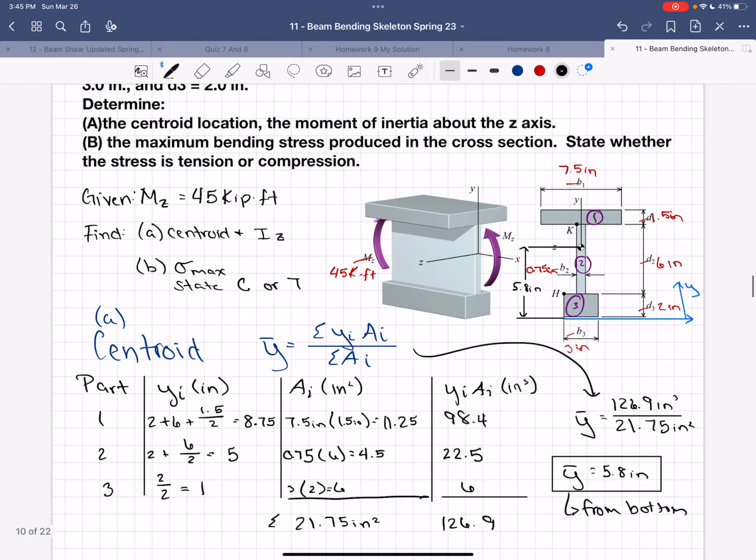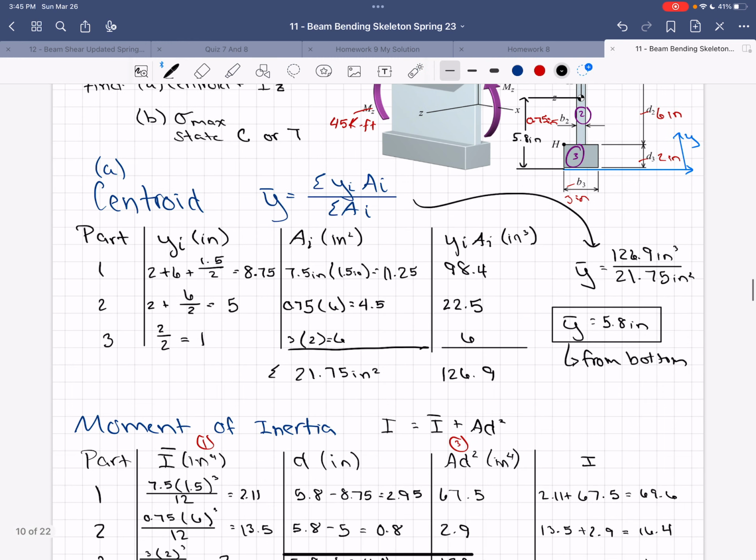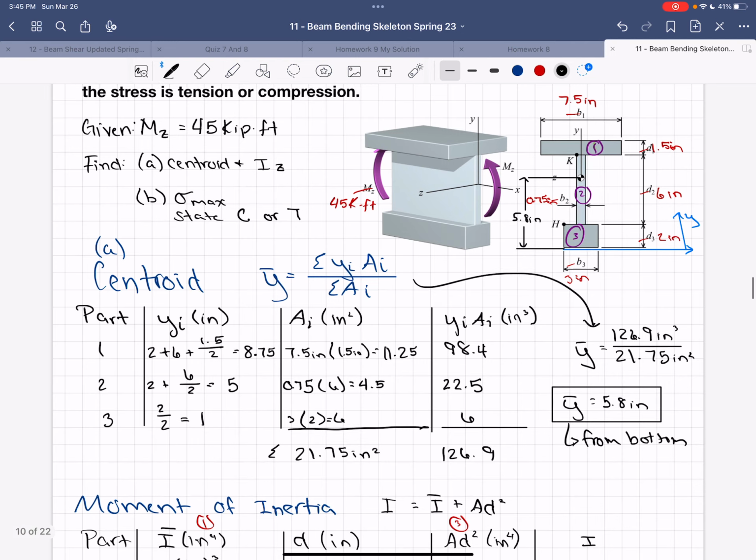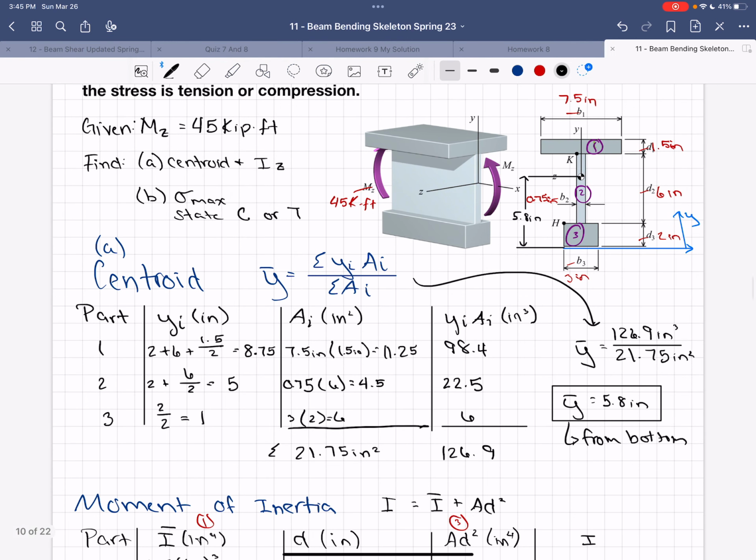Now part B is the maximum stress in this beam and state whether it's in compression or tension. So if we have y from the bottom, then we need y from the top so we can figure out what is the bigger difference.